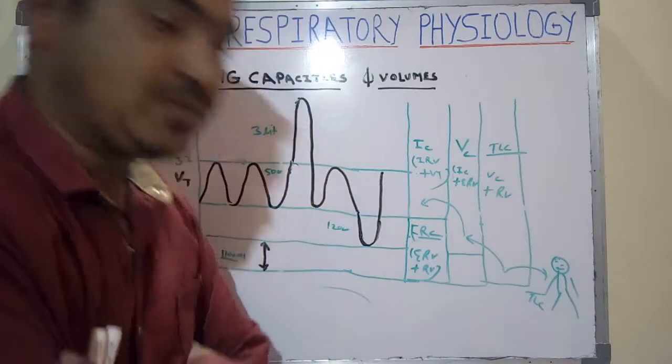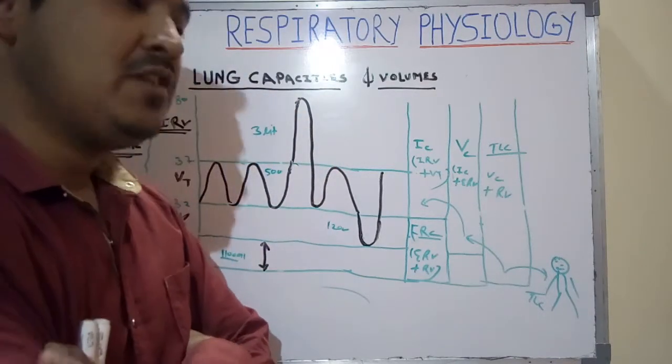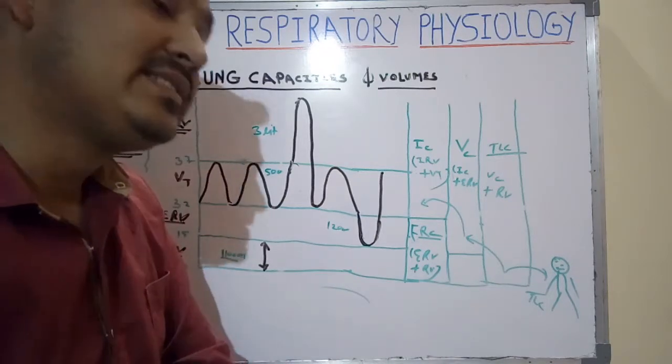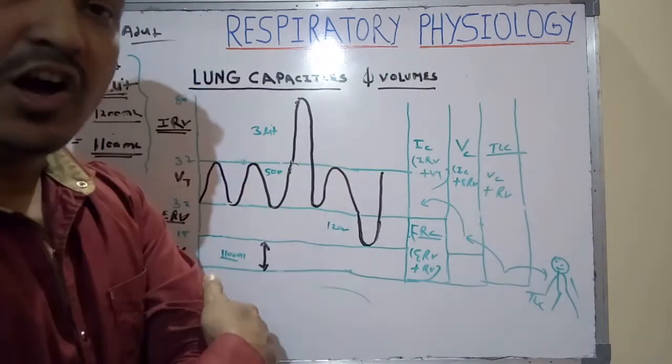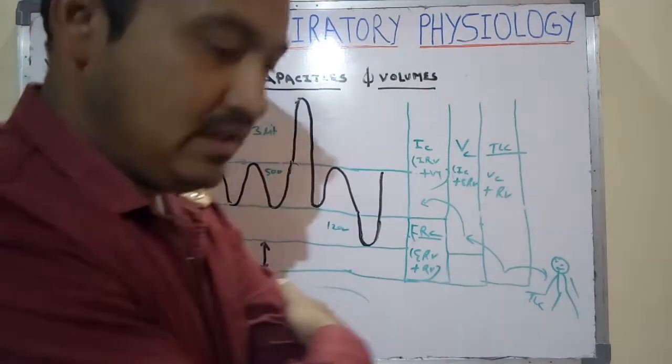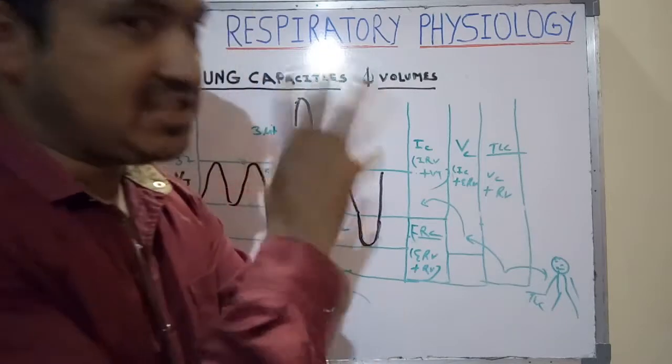In diseases like obstructive pulmonary diseases, where the patient fails to exhale, those diseases are called obstructive diseases. Restrictive pulmonary diseases are where the patient cannot inhale. There are some gaseous exchange diseases.